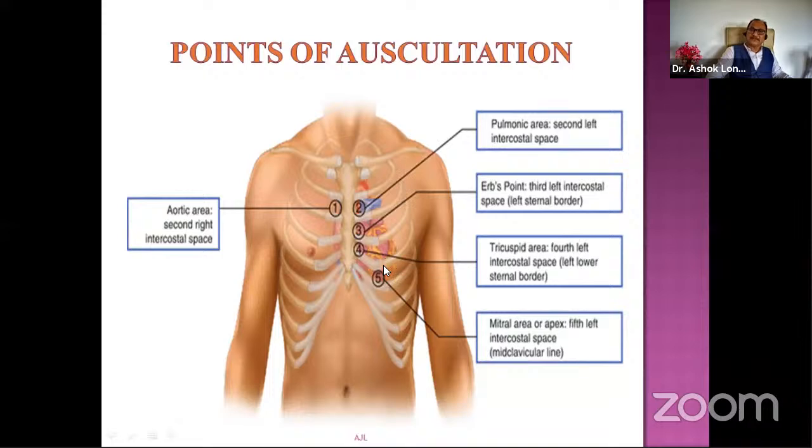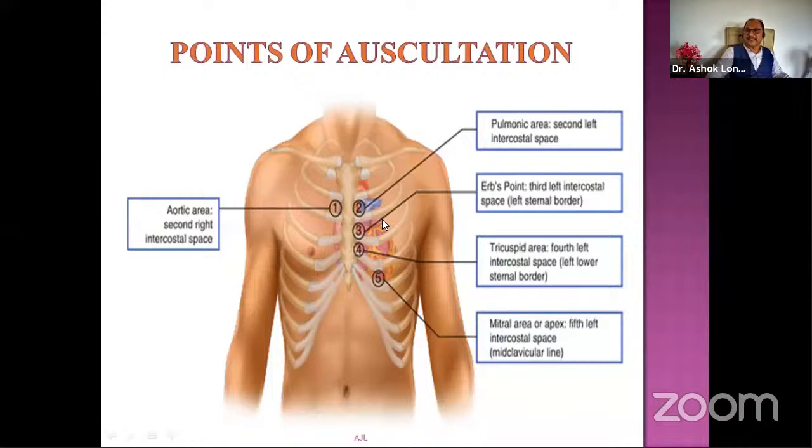As it goes straight here, but from here the course of the aorta changes, and so the turbulence comes in this area, and so here you get the clear sound. Similarly, all the sounds you now get on the lateral border of the sternum.